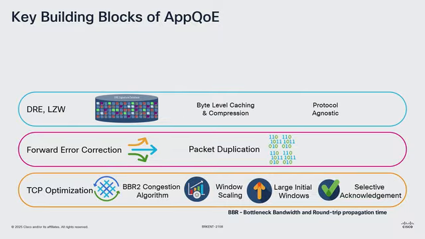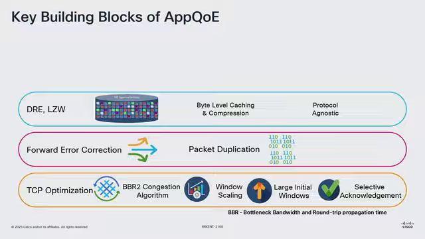Then we also have what is known as data redundancy elimination, which is basically a technique to replace longer byte patterns with shorter byte patterns and maintain a cache with the mapping of the two on both sides so that you send a lesser amount of data over the WAN link, thereby reducing the bandwidth, but you're able to dedupe on the other side and recover the original pattern. So this way, you get significant improvements in bandwidth reduction, and that will result in increased throughput.